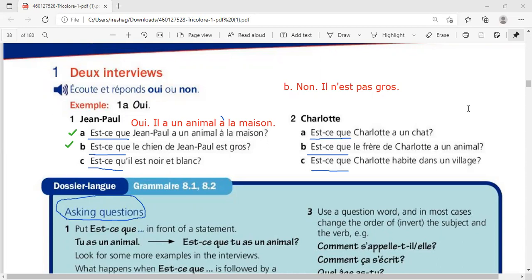Then write down the third question. Write down the third question.